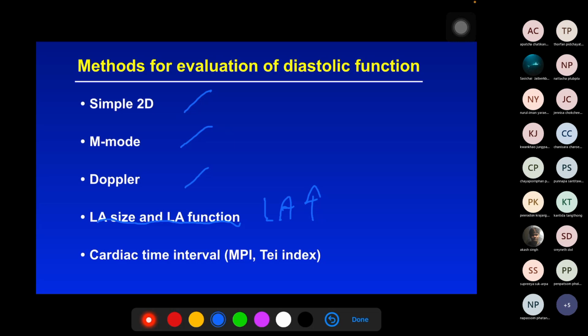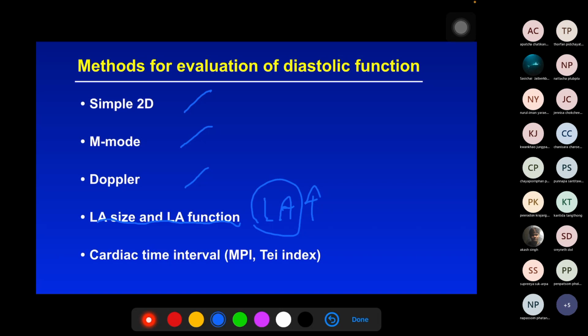Sometimes in the patient who has diabetes, we look at the hemoglobin A1C. In the group of patients who have diastolic dysfunction, we look at the LA as a marker of diastolic dysfunction.